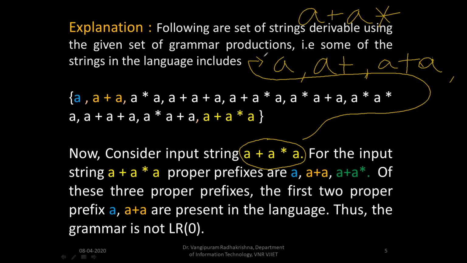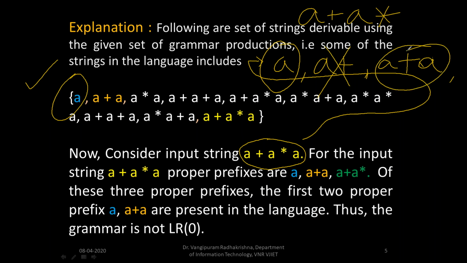Now verify if A, which is a proper prefix, happens to be contained in the given language. This particular A is available in this language; that is, it is a member of the given language. A plus is not available as a member of the given language. Then take into consideration A plus A. Is A plus A, which is a proper prefix, available in the given language as one of the strings?